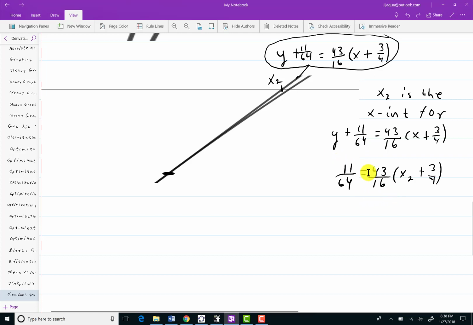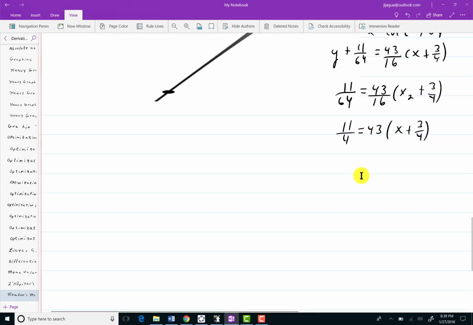First thing I'll do is multiply by 16 and I'll get 11 over 4 equals 43 times x plus 3/4. I'll divide by 43, so I'll get 11 over 172 equals x plus 3/4. I'll subtract 3/4 from both sides. And I'm losing my 2's on the x's.